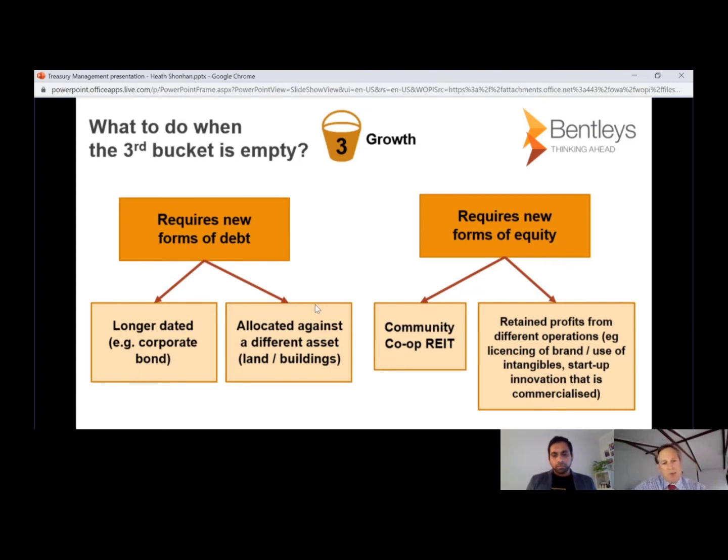The new forms of debt capital, if we think about this at a macro industry level, the opportunities here are to either have longer dated debt, such as some form of corporate bond, or to have some reallocation of the consumer debt, the RADs, the entry contributions, against a different asset, so land and buildings, and therefore it coming from a bank, as opposed to coming from the consumer.